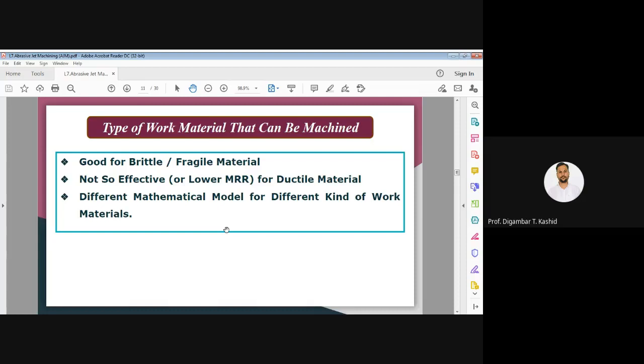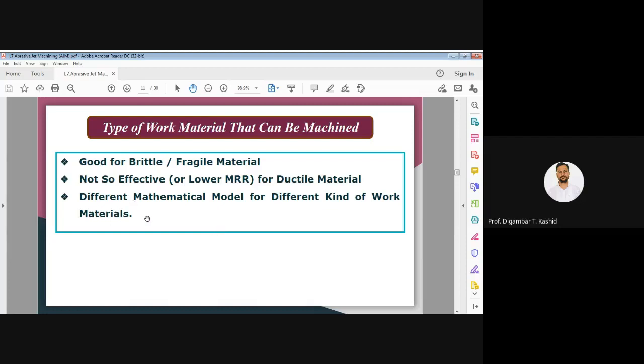It is not so effective, or I can say not so good, for ductile material. Although it can be used for ductile material, it will give you low material removal. I will repeat: you can use this process for ductile material, but it will give lower material removal.